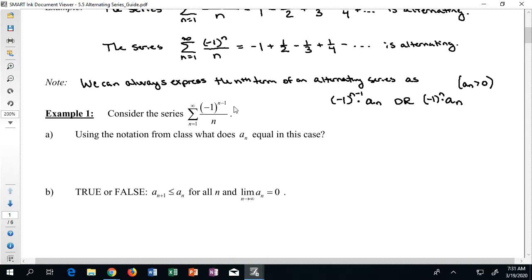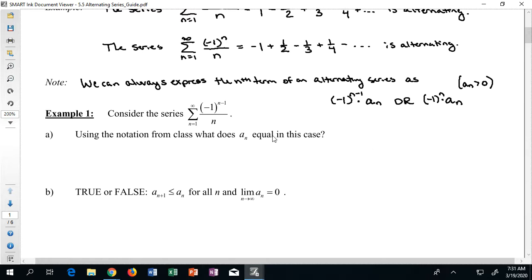So using the notation that we just mentioned up above, one of the first questions I'm going to ask about this alternating series is, what is the a sub n? Because I can see that every formula on the inside of that series notation should be able to be expressed, if it's alternating, as -1 to a power, multiplied by something.